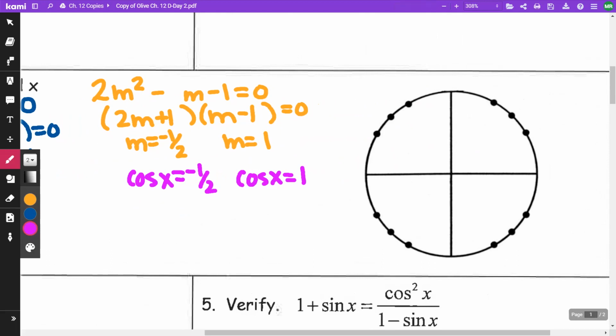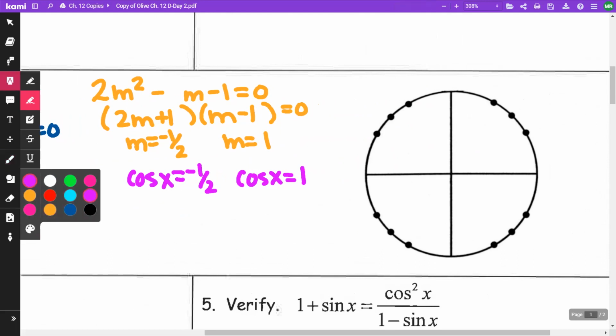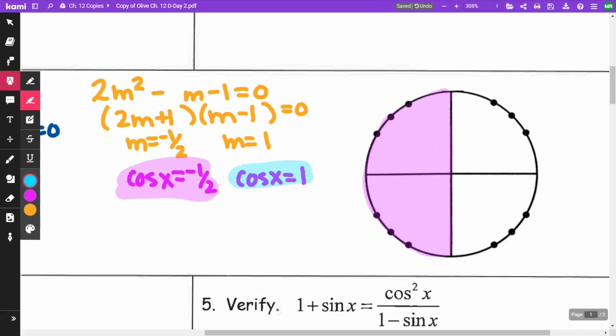And so first off, my cosine is negative in quadrant 2 and 3. That's where my cosine is negative. So for this portion, I'm looking there. Now my cosine is positive in this portion here. Okay.